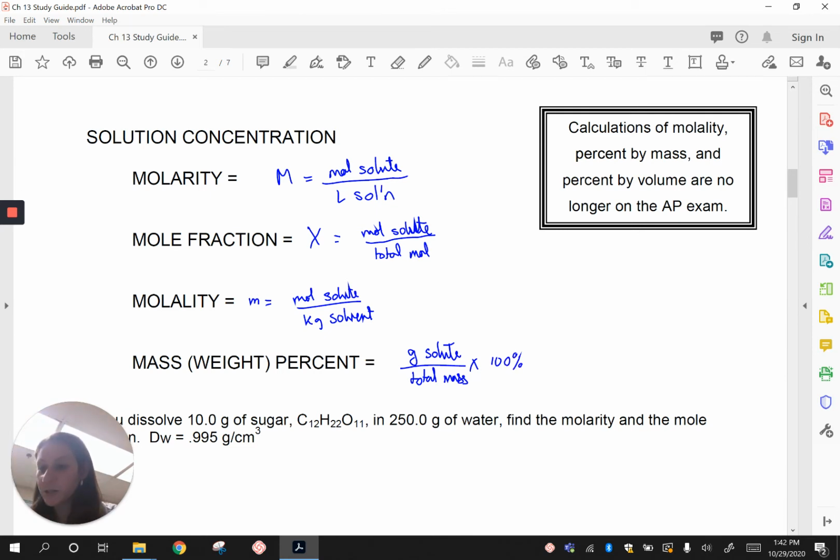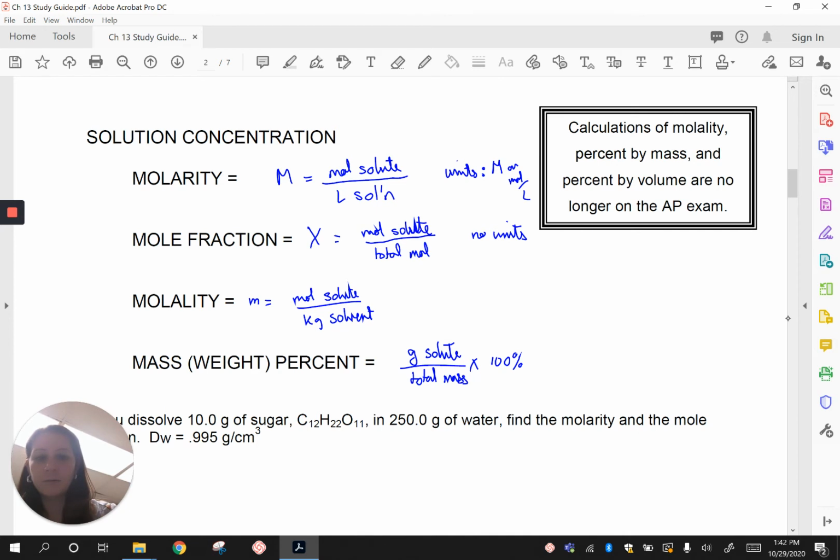Let's look at the units. So the units for this one would be capital M, which we pronounce as molar, or moles per liter. No units for mole fraction because it is moles over moles.